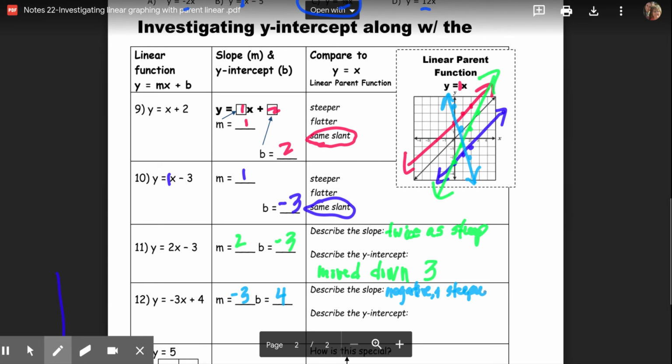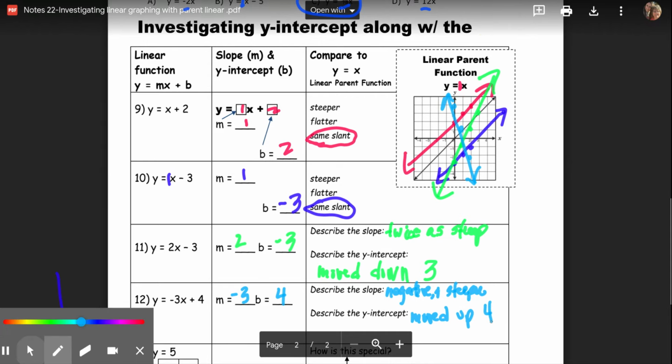As you remember, steeper is 3 units, the slope is 3 units from 0, unlike the linear parent function, which is just 1 unit from 0. And then the y-intercept is at 4. So it's moved up 4.